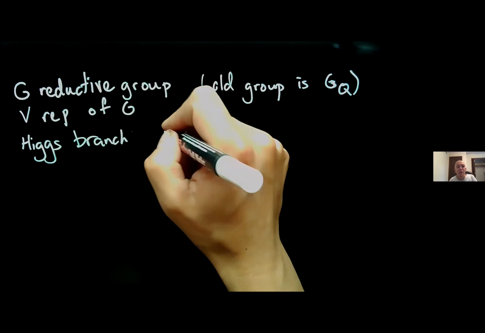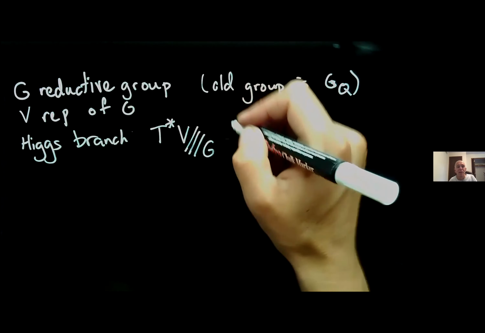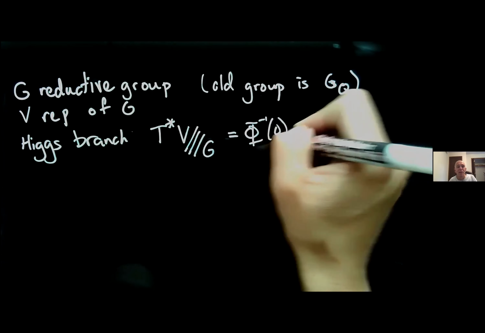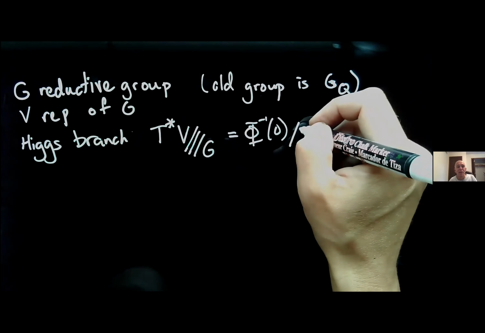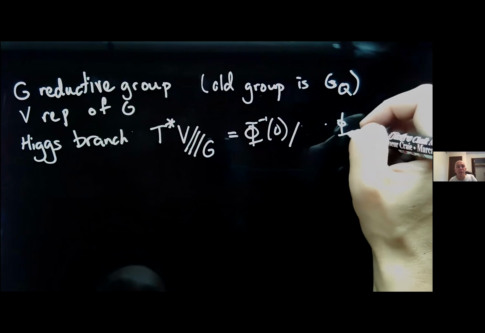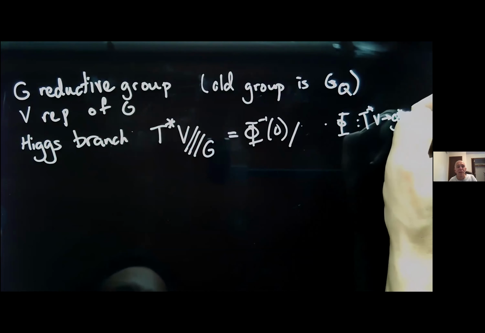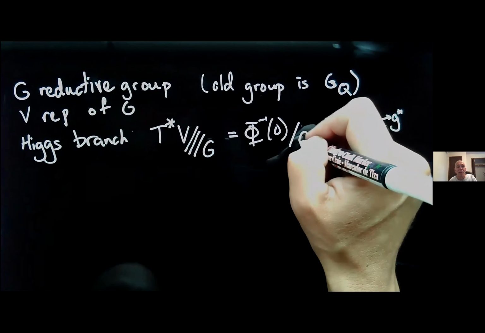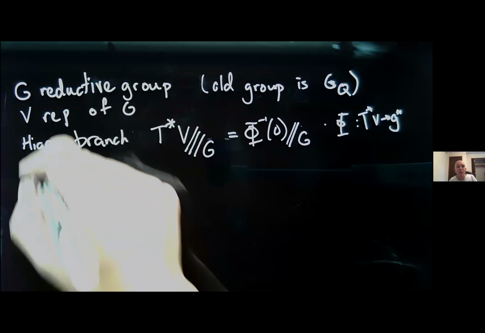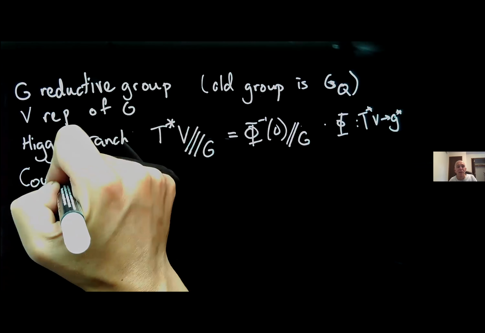The Higgs branch is nothing but I take the cotangent bundle of V and I take its reduction by G. In other words, I take the inverse image of 0, where phi here is a moment map, and I take the quotient by G. Maybe I take a GIT quotient, maybe I take a projective GIT quotient. Anyway, different versions of it. Okay, now I'm going to explain the Coulomb branch. I do something totally different.